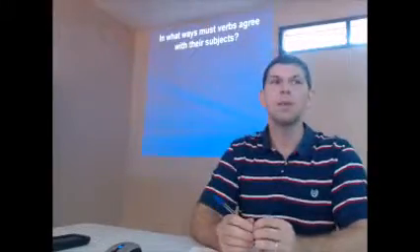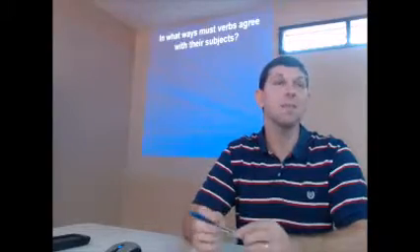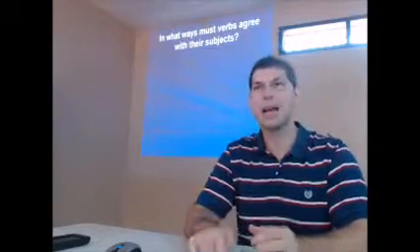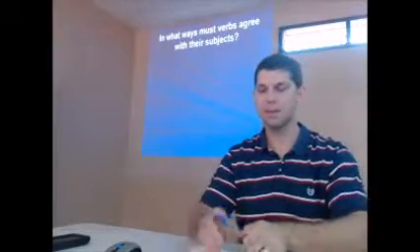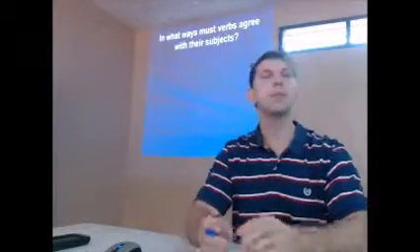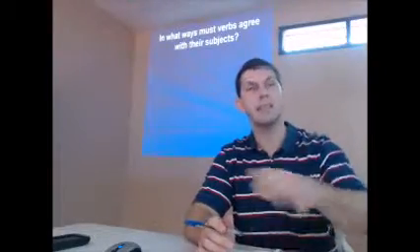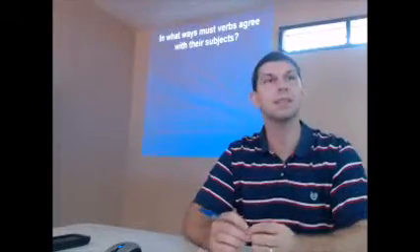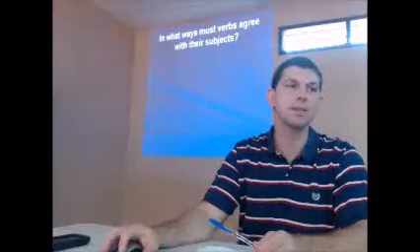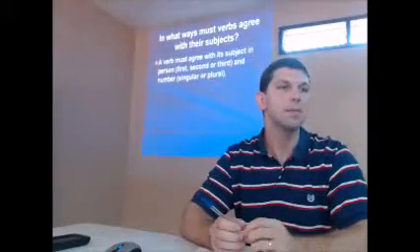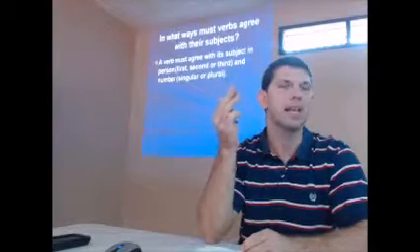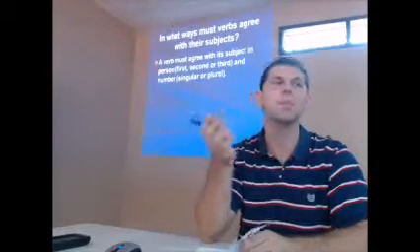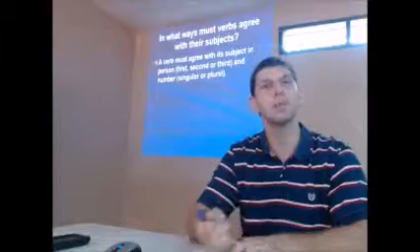We talked for a few moments about the way that a verb agrees with its subject. And remember, because the Greek verb has built-in pronouns, it already has a built-in subject. It has to agree with a subject in the sentence, which is in the nominative case. It has to agree in two ways, both in person, that would be first, second, or third person, and in number, that would be singular or plural.